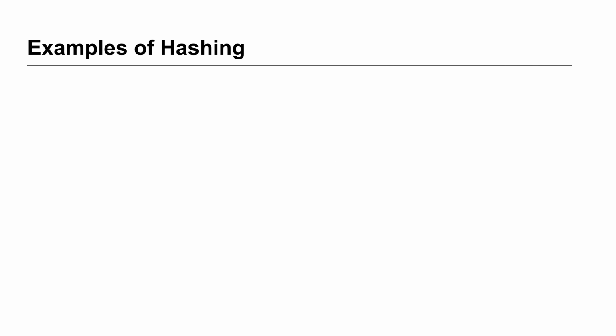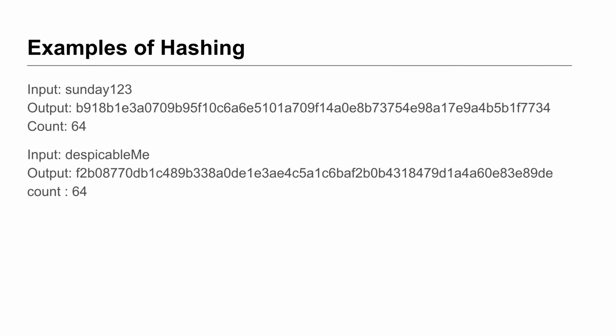Now let's take an example of hashing. We'll take our old password. So you see, we have Sunday and Despicable Me, right? Now these are the hash codes which are generated for this password. So if you see, the count of characters is 64, which is what I said, that it generates a fixed size string.